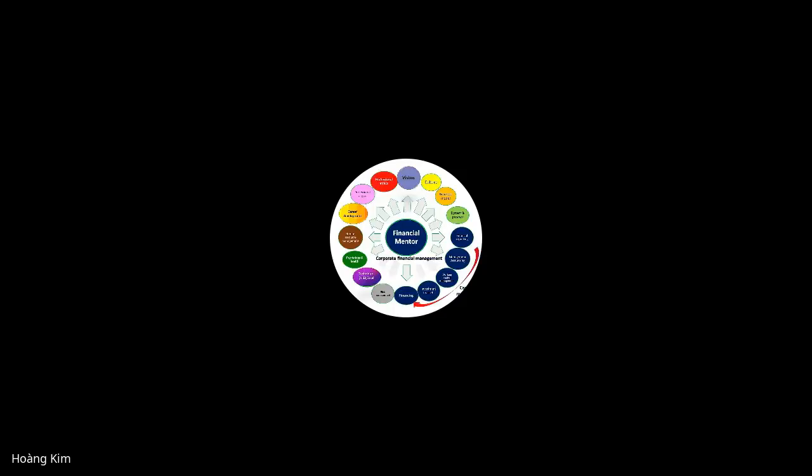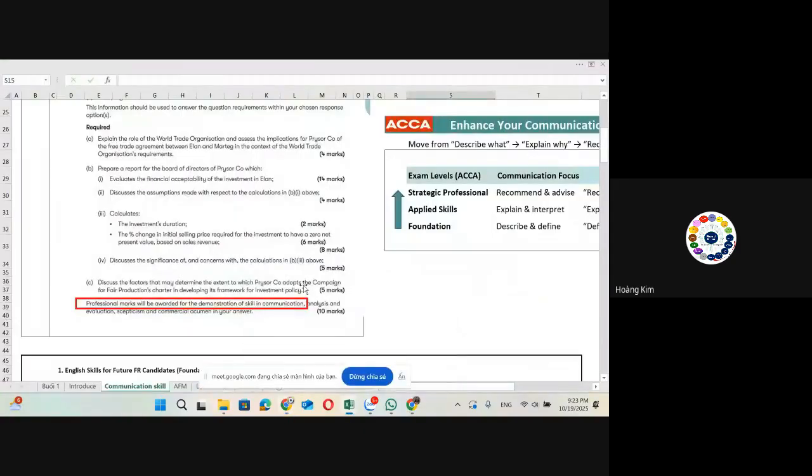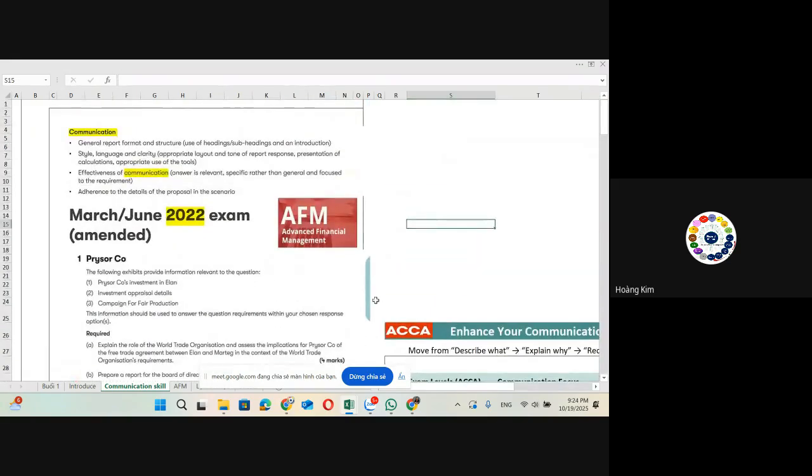So right now it's my turn, and don't feel scared and don't feel worried about the advanced papers. If you don't know the structure of the advanced paper when you finish the Foundation and go straight to the Advanced, you feel more stressful, and sometimes you give up. In the Foundation, the exam structure is very simple.